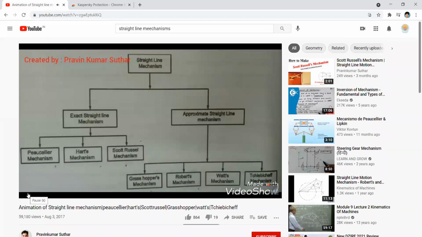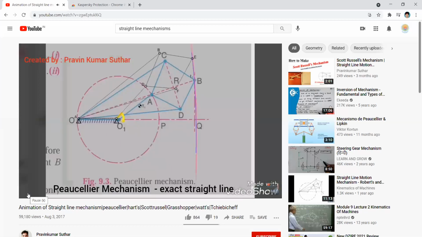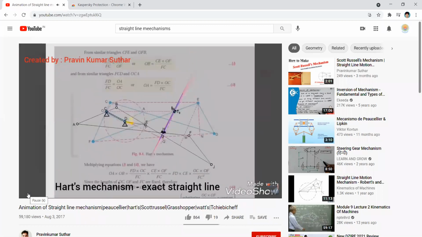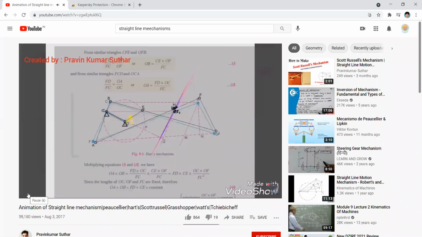So you will see the working principle of straight line motion mechanisms, how they are working. The Peaucellier mechanism: how to achieve straight line motion when the mechanism moves. The Hart mechanism: how we achieve the straight line motion and how many pairs are used in this particular mechanism.